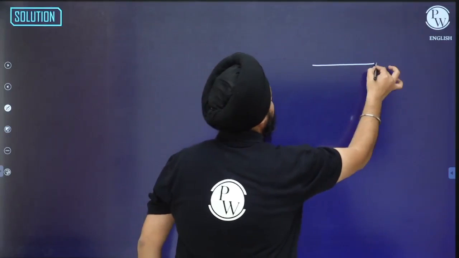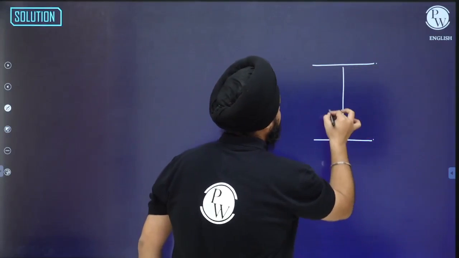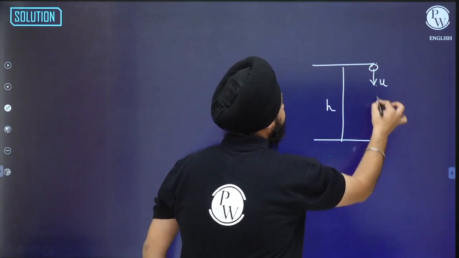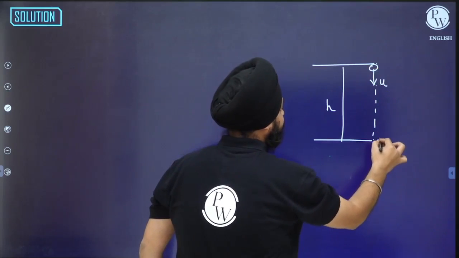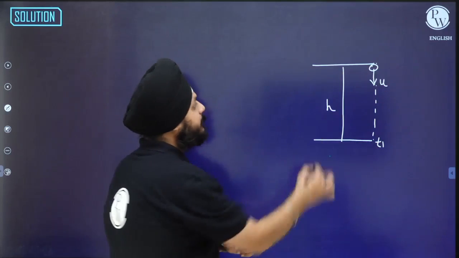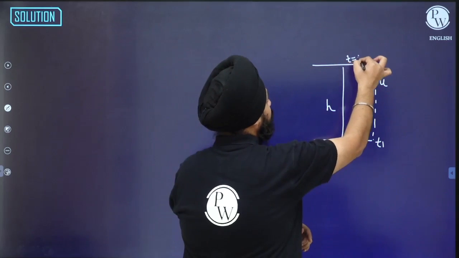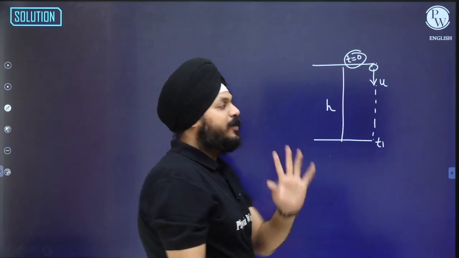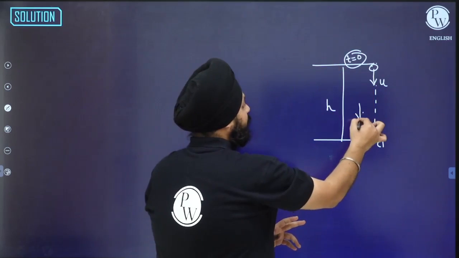Suppose this is a height h. One particle is thrown downward with the velocity u. It takes time t1. For the first particle, this will be the point of projection, t is equal to 0. With respect to this, I am using the second equation of motion. g is acting in the downward direction.